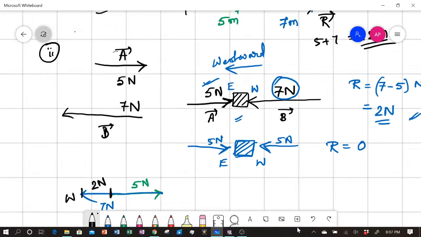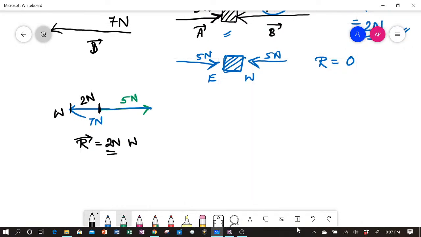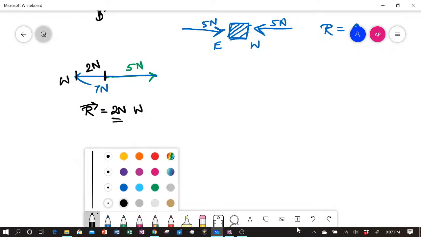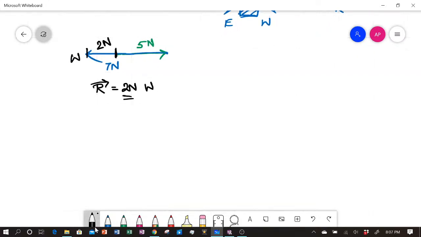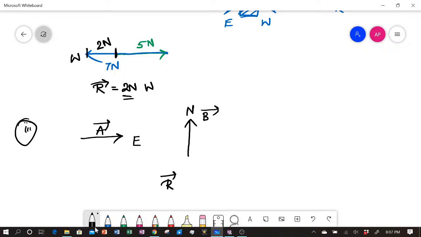So we will go for the next points, that is for a vector A along east and another vector B along north, and the resultant of these two vectors, again a vector along east and a vector along, suppose, northeast.